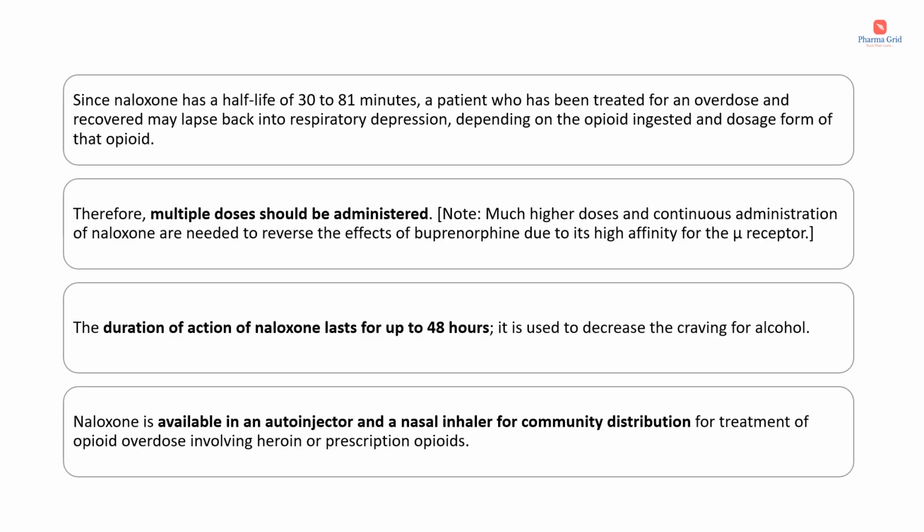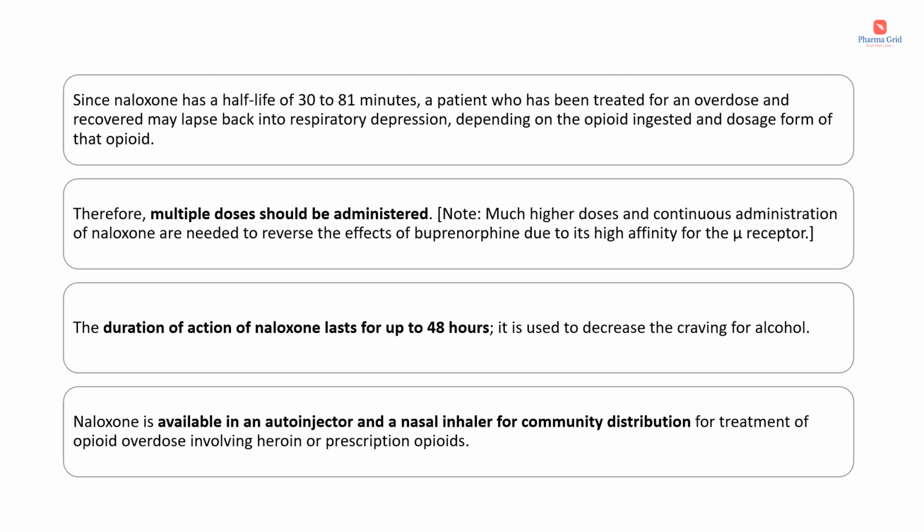Since naloxone has a half-life of 30 to 81 minutes, a patient who has been treated for an overdose and recovered may lapse back into respiratory depression depending on the opioid ingested and dosage form of that opioid. Therefore, multiple doses should be administered. Much higher doses and continuous administration of naloxone are needed to reverse the effects of buprenorphine due to its high affinity for the mu receptor.